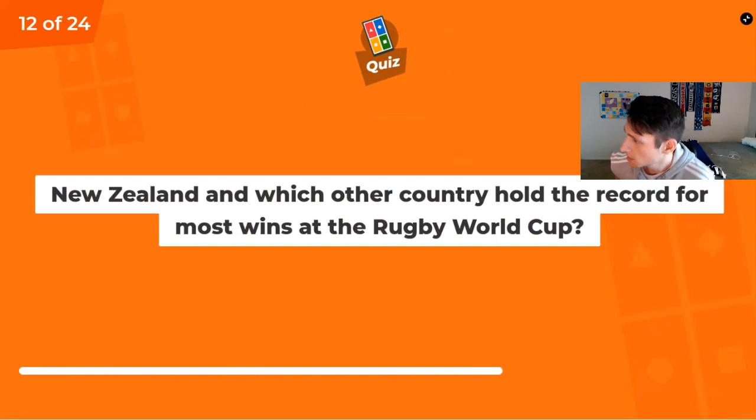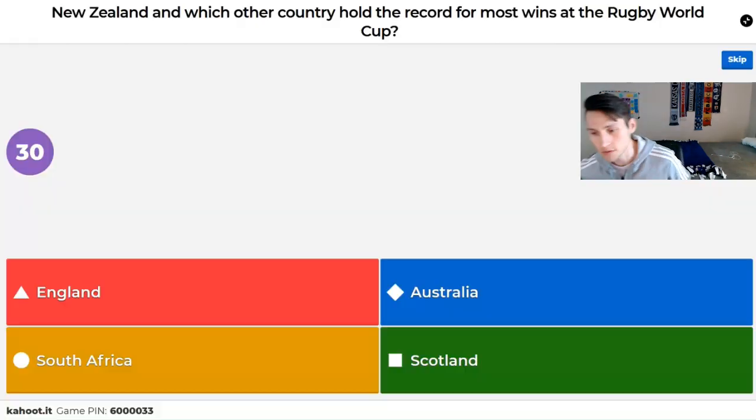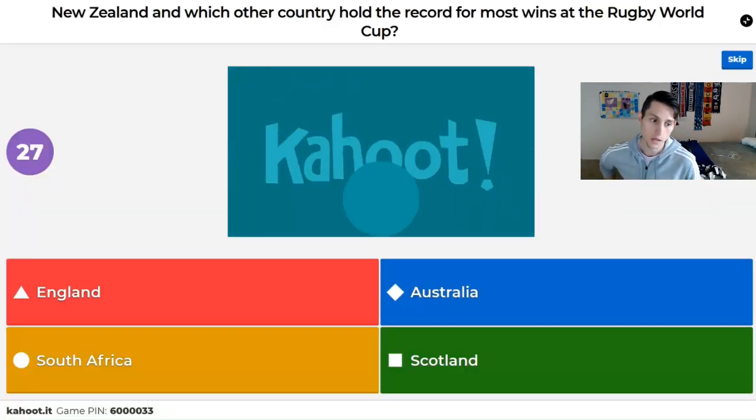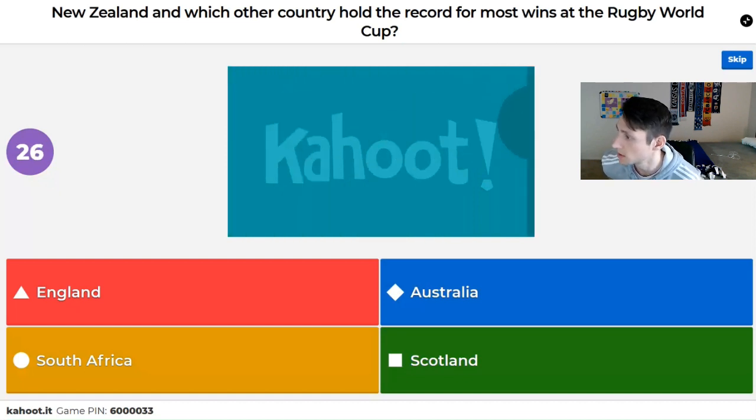New Zealand and which other country hold the record for the most wins at the Rugby World Cup? Lewis's rugby team, whoever that is on Kahoot, should be destroying this question.